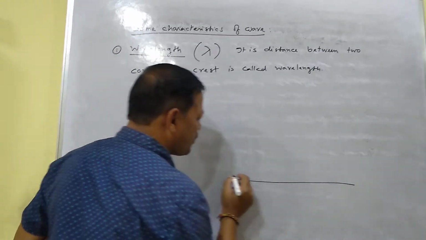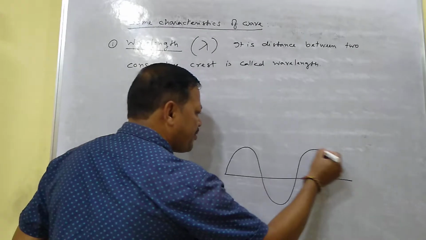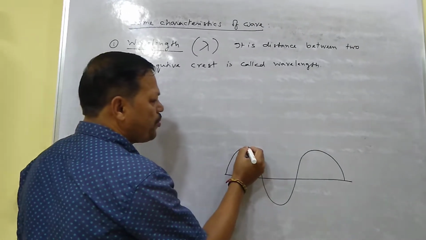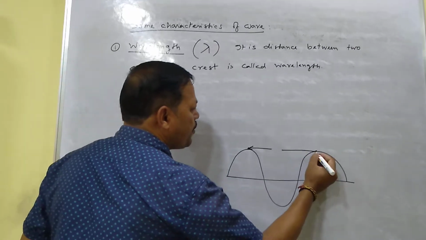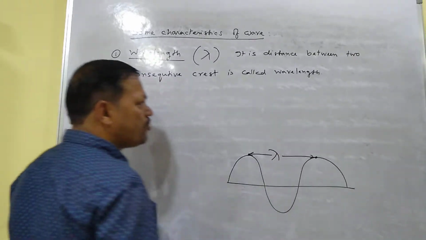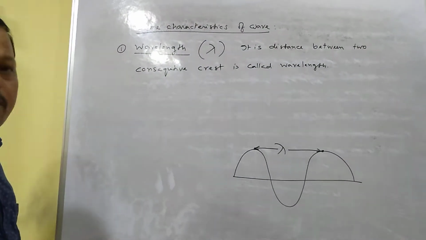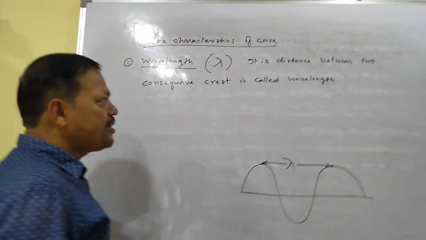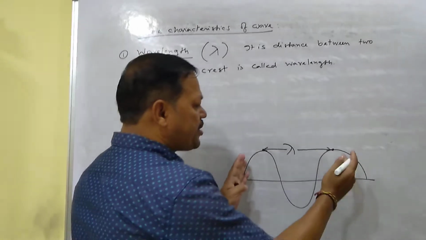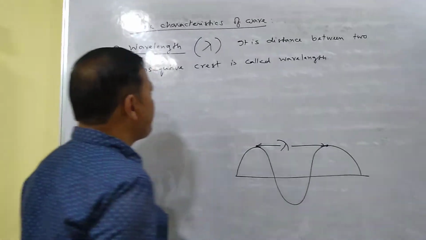Suppose this is one of the waves. From this point to this point, what is the distance? That distance is called wavelength, which is represented by lambda. So it is the distance between two consecutive crests or two consecutive troughs.